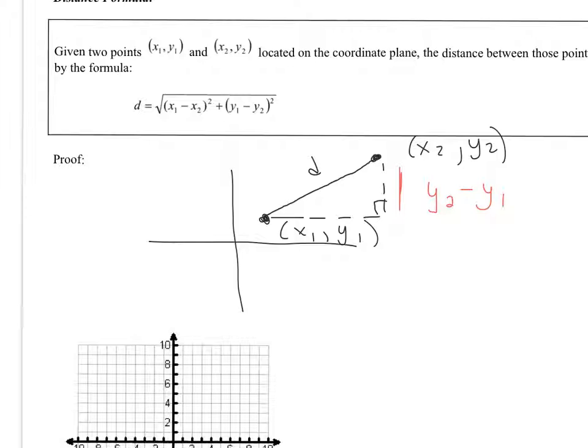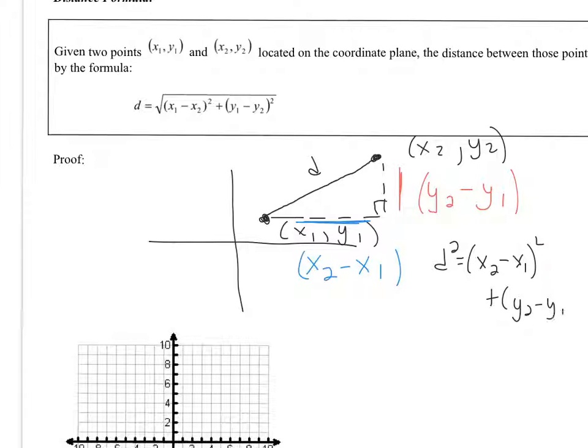And on this side, if you go over x and subtract the closer x, that gives you the distance here, so it is x2 minus x1. Now if I use the Pythagorean theorem, we know d squared equals (x2 minus x1) squared plus (y2 minus y1) squared.